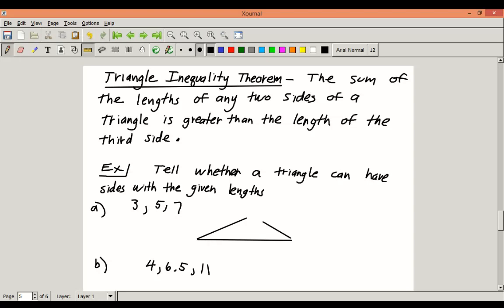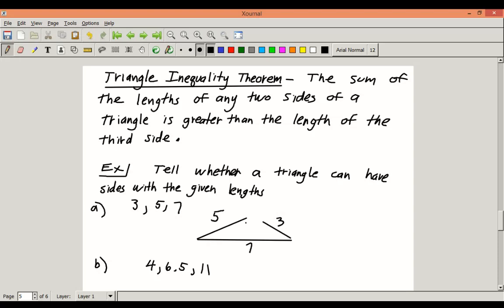To put a visual with that, let's say I take the sides 3, 5, and 7. Just because I would write them on the sides doesn't mean that I have a triangle. So let's say this side is 7, this is 5, this one's 3. Would that actually make a triangle?